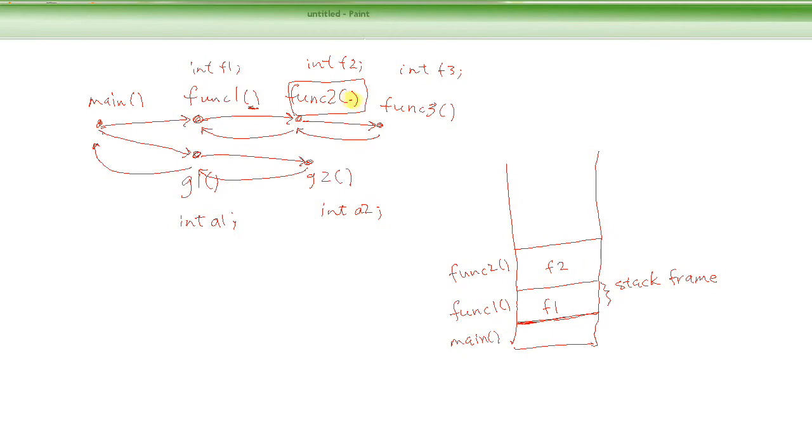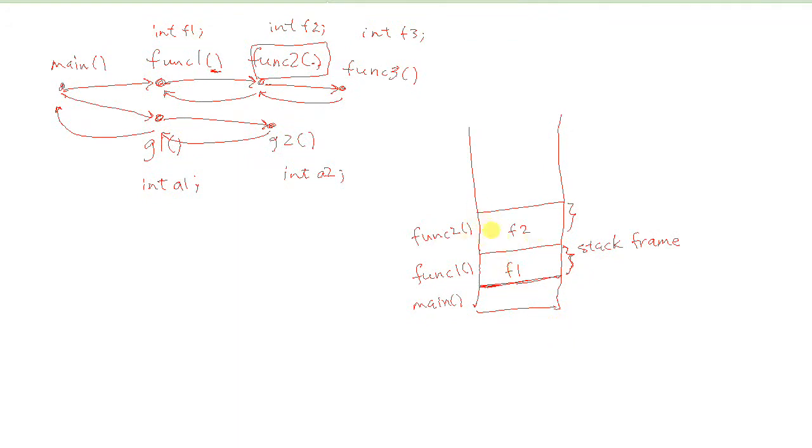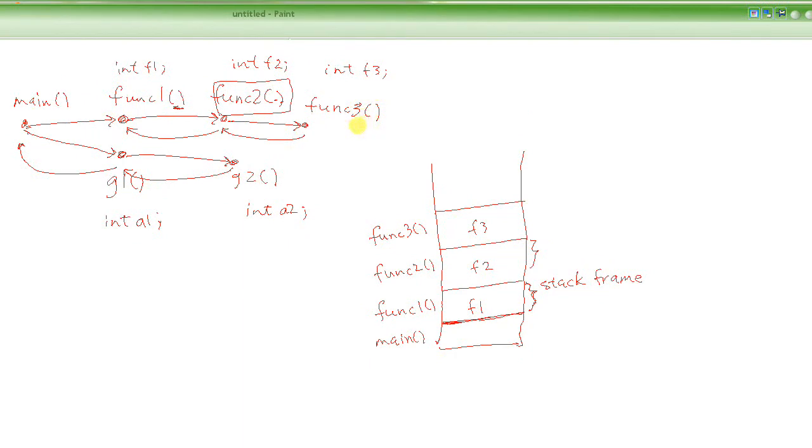Remember, this size could be totally different from this size, depending upon how many local variables are defined in func2. Similarly, func2 calls func3, so a frame is created for func3 here on the stack, with the variable f3 in it, plus any parameters and any other variables.